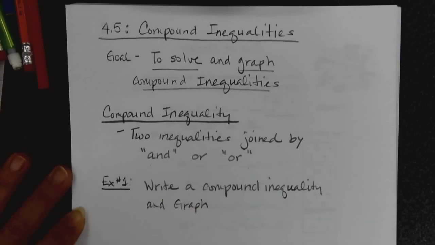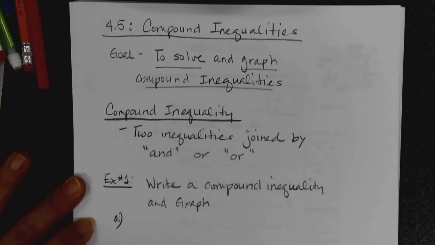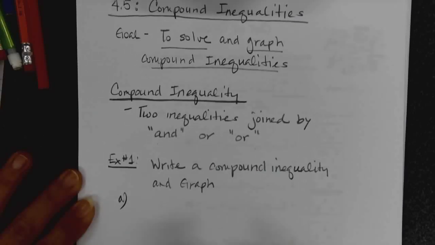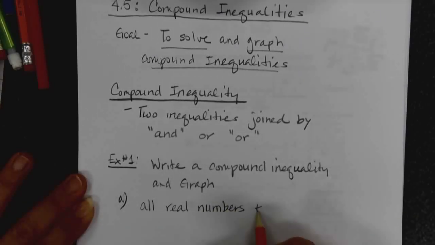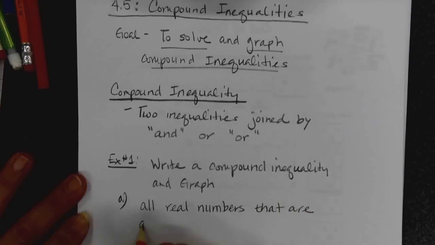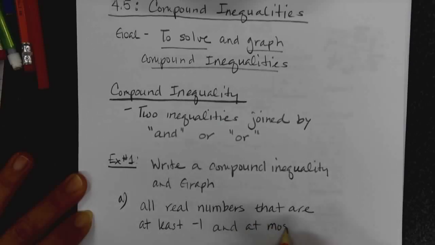So here's the first one: all real numbers that are at least -1 and at most 3.